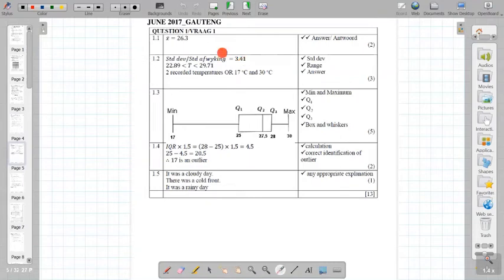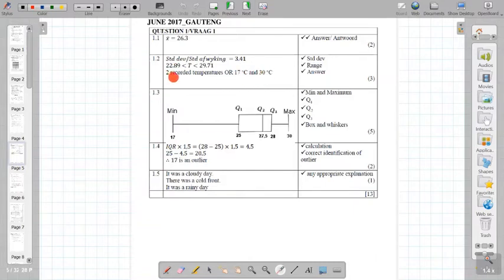Adding 3.41 to the mean gives us 29.71, and if you subtract 3.41 from the mean, you get 22.89. So that is the 1 standard deviation interval. How many temperatures are below this and how many are above? Actually, we only see 17 as a below day and 30 degrees as an above day.